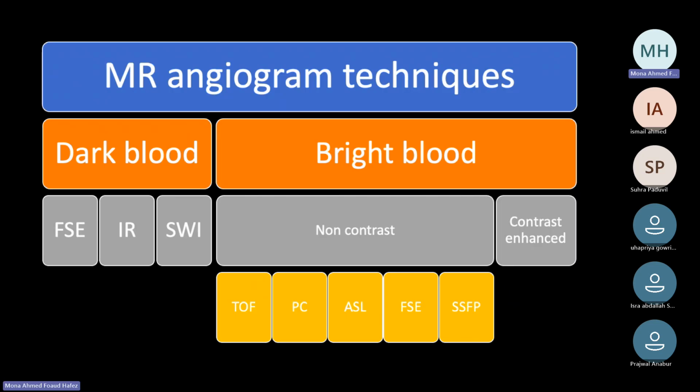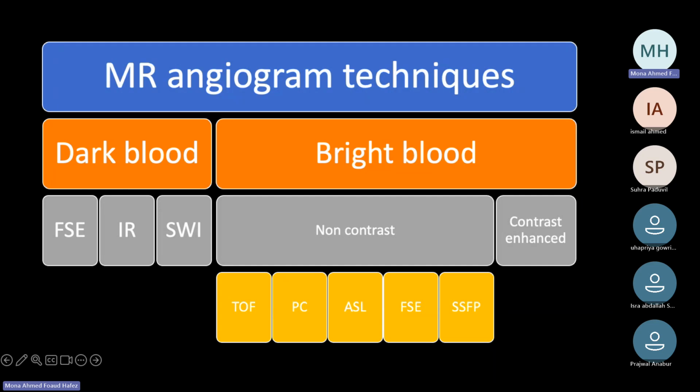MR angiogram techniques. This is a very important question, in written exams, short or long. It comes several times. For MR angiogram techniques, we should write that there are two types: dark blood and bright blood. Dark blood depends mainly on conventional echo sequences.